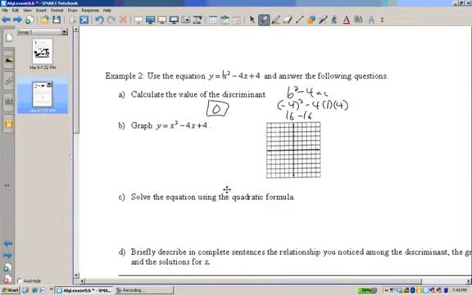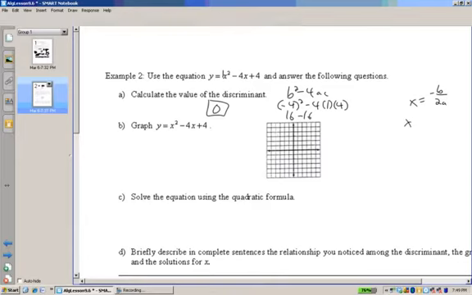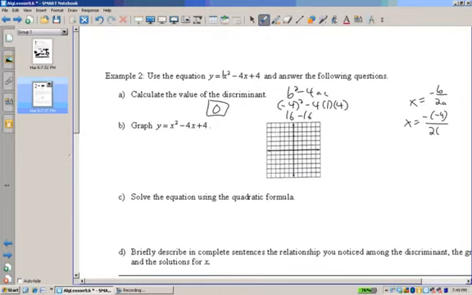Let's see if anything changes on the graph. Well, we still have to do x equals the opposite of b over 2a. That's going to give me the x-coordinate of the vertex. x equals the opposite of b, so that's the opposite of negative 4, over 2 times a. The leading coefficient here is 1. Leading coefficient is the technical name for a.